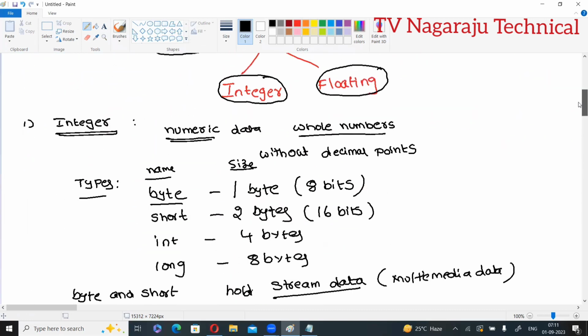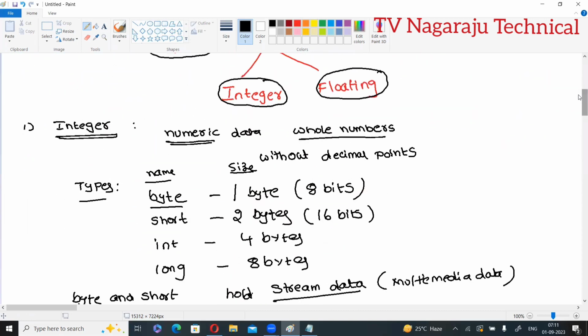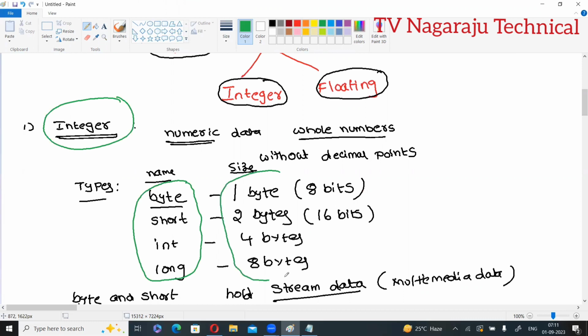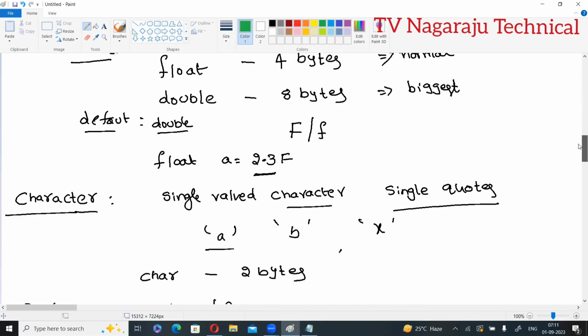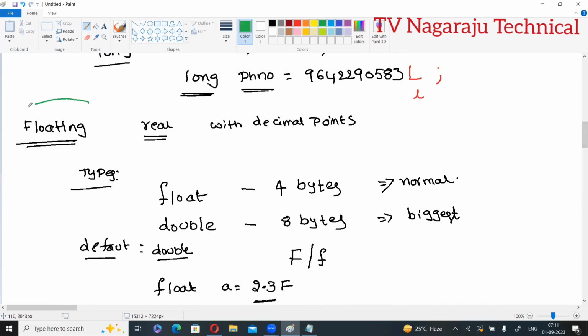Remember, the primitive data types are categorized into 4 types. Integer. Under integer, 4 types. The data types vary based on the sizes. Now, to store numeric, one more is there, that is floating, which is used for real numbers.